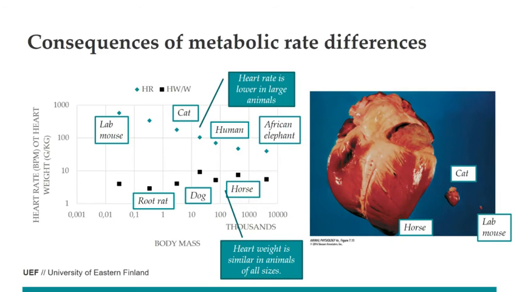So there's not such a huge difference whether it's a mouse or an African elephant when comparing how many grams the heart weighs versus how many grams the animal weighs. But the laboratory mouse has to have a higher heart rate to have more circulation, because it has a higher metabolic rate.